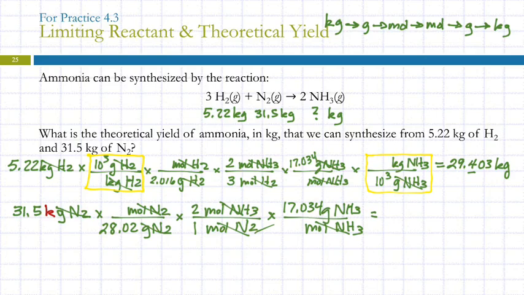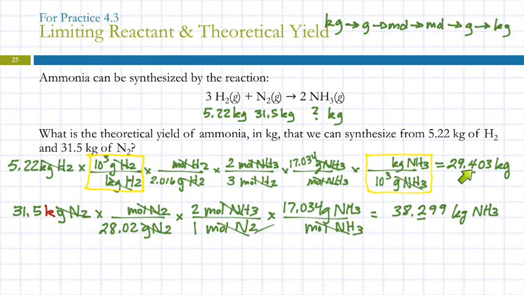So 31.5 divided by 28.02 times 2 times 17.034 is 38.299 kilograms of ammonia. Anybody else get that? Thank you. I'm not rounding these because I don't have a final answer yet.